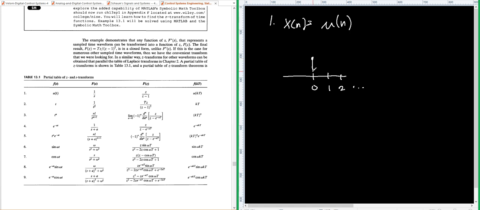This is one value, and the rest at negative 1, negative 2 are 0. So 1, 1, 1. This is the step signal.